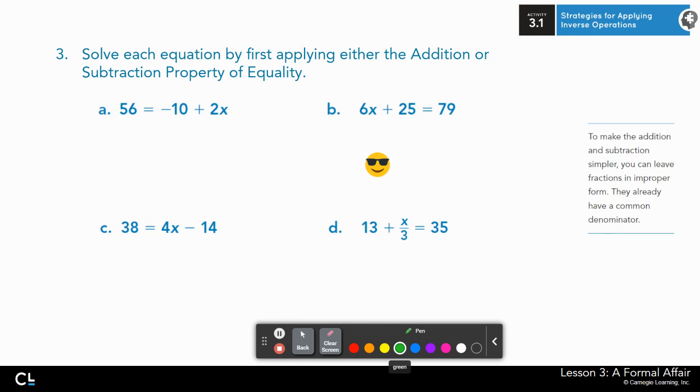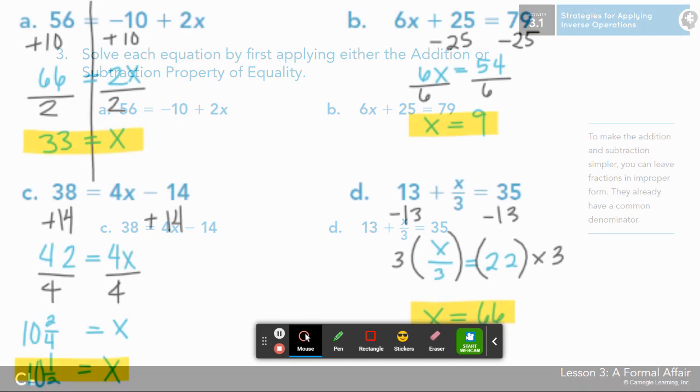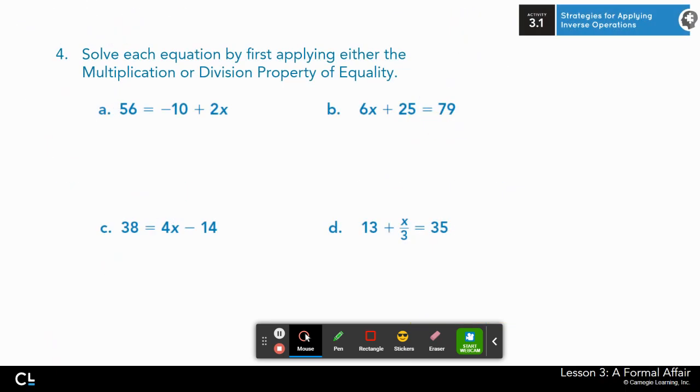So 3A, B, C, and D, you're solving using the subtraction and addition property of equality first. And notice number 4 is similar. It says solve each equation by first applying either the multiplication or division property of equality first.